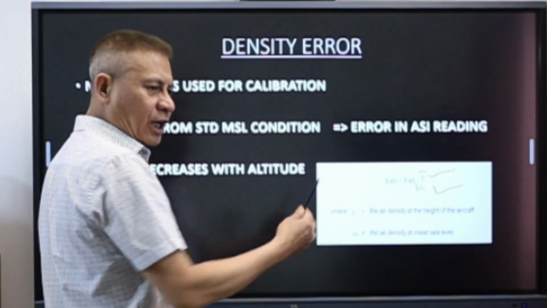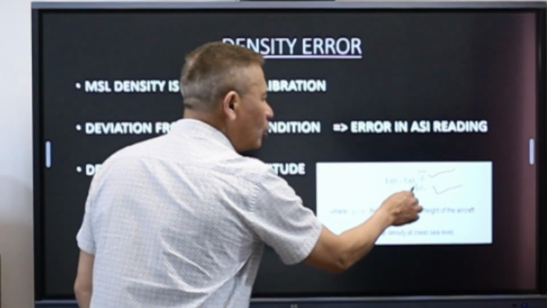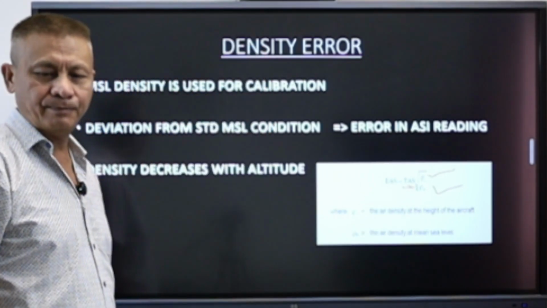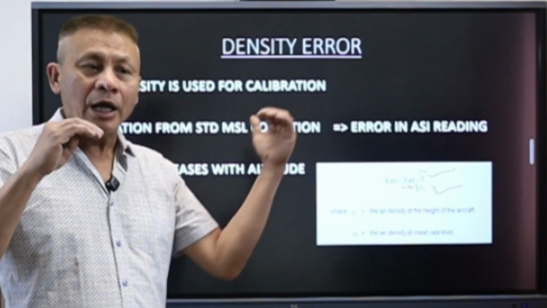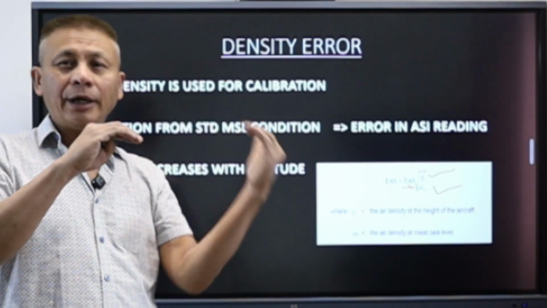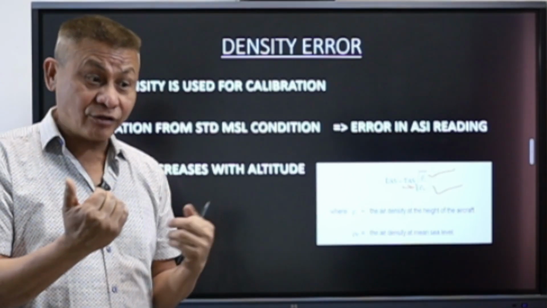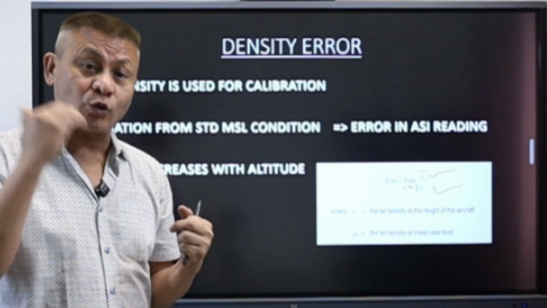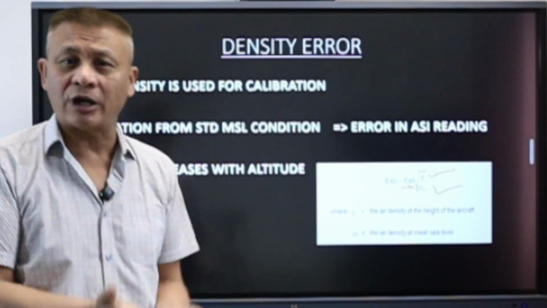The equivalent airspeed, when corrected for this density error, is known as the true airspeed. The true airspeed is the speed of the air particles around your aircraft, the actual motion of the aircraft with respect to the air which is surrounding.